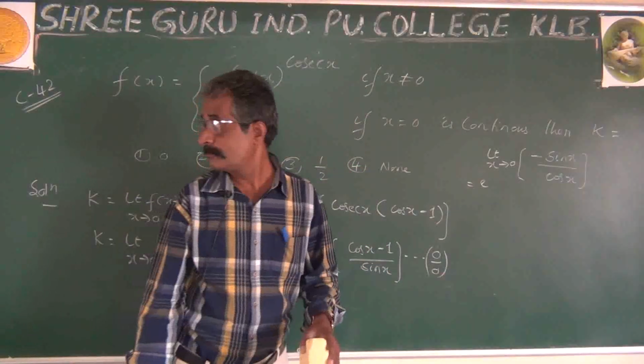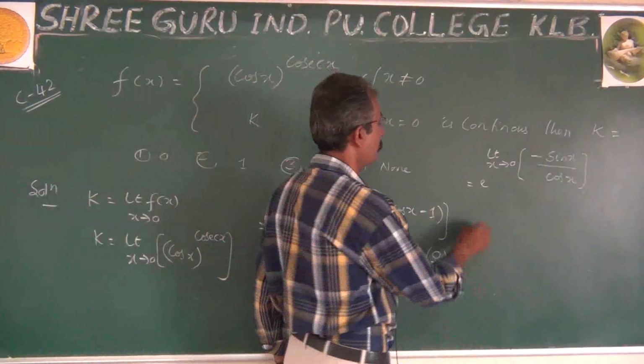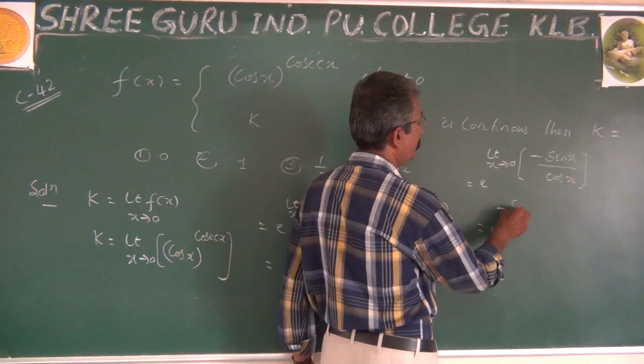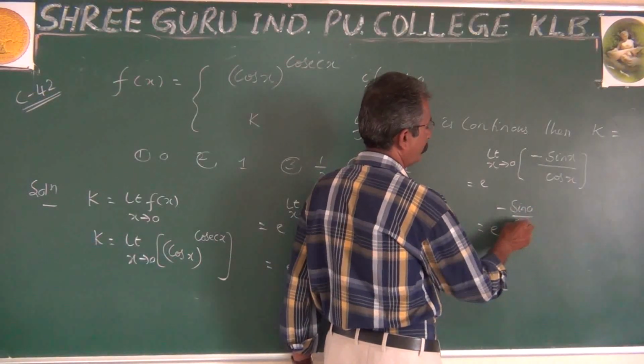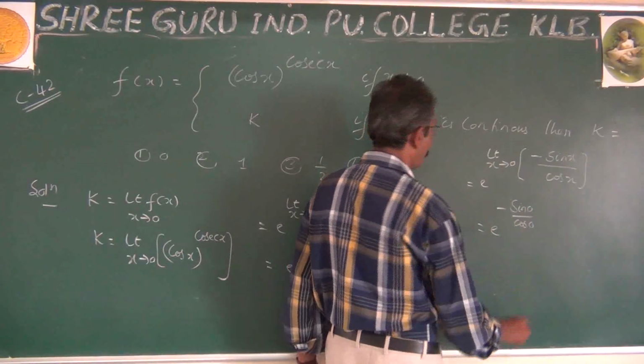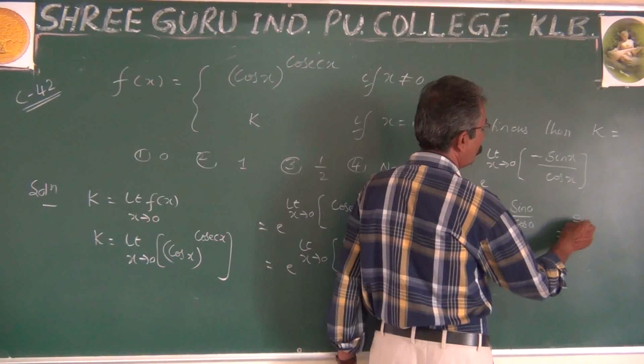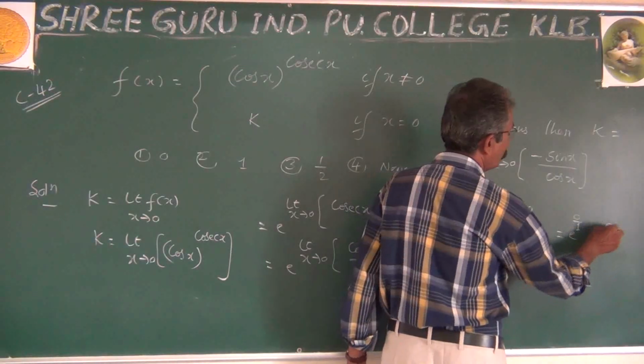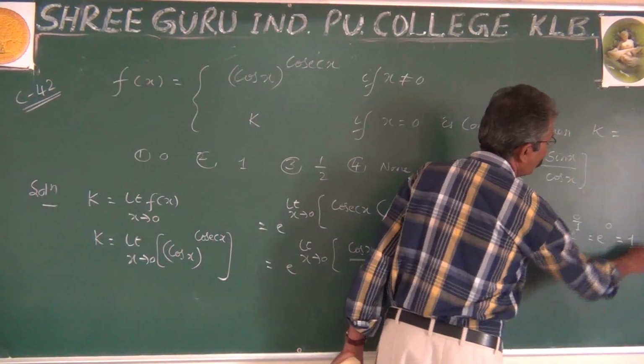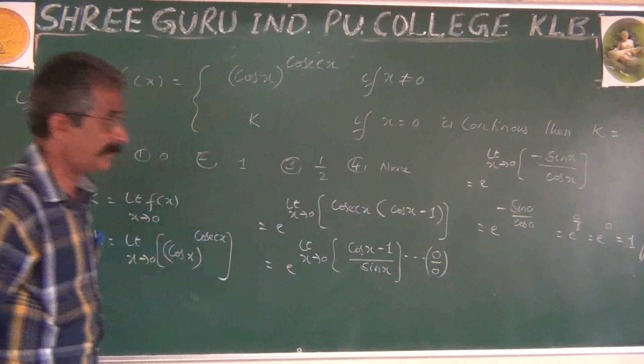Replace x by 0; it does not become 0 by 0 form. E power minus sin 0 by cos 0. Sin 0 is 0, cos 0 is 1, so 0 by 1, meaning e power 0, and e power 0 is 1. 1 is the final answer.